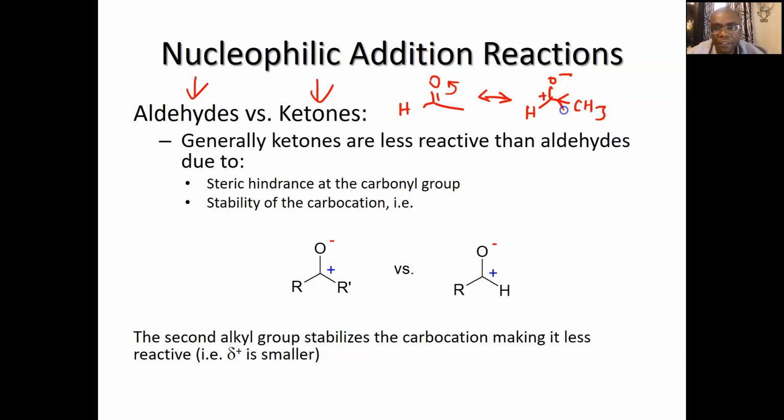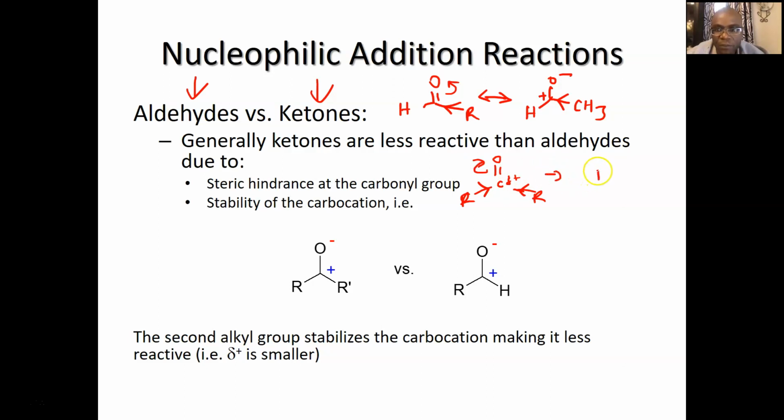So the CH3, or the R group, so to speak, will donate electrons, quenching this positive charge. Alright, so now compare that with a ketone that has two R groups or two CH3s. Then you have two groups quenching the partial positive character.